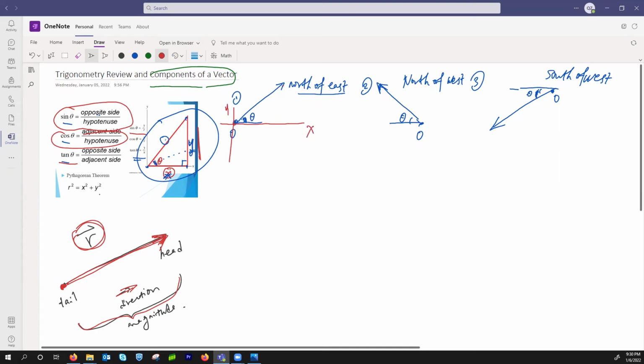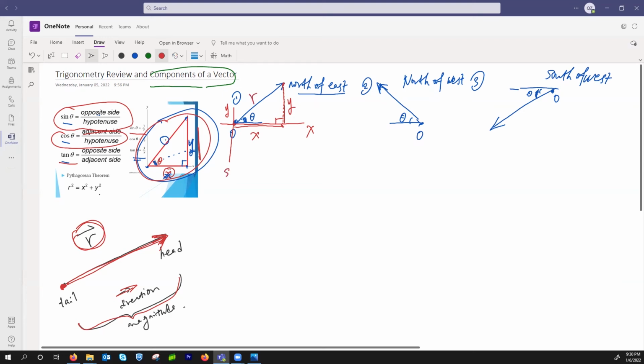And this vertical one will be y. And this is the right triangle. Now look at this big right triangle. This is exactly what we just discussed earlier. The x component will be the horizontal part, and the y component will be the vertical part. And the longest one, which is the vector we're talking about, is called r.